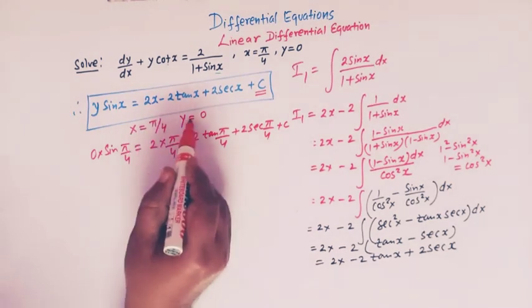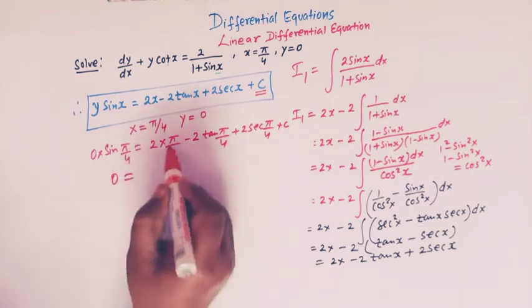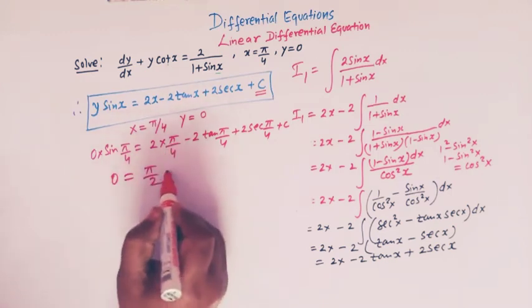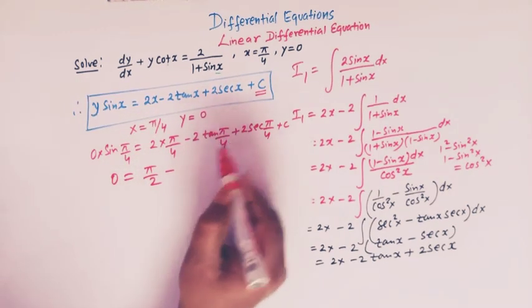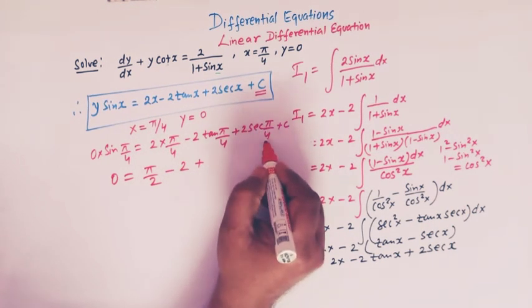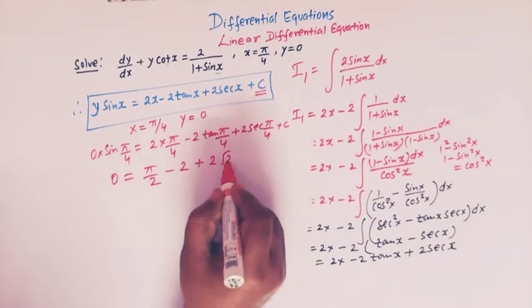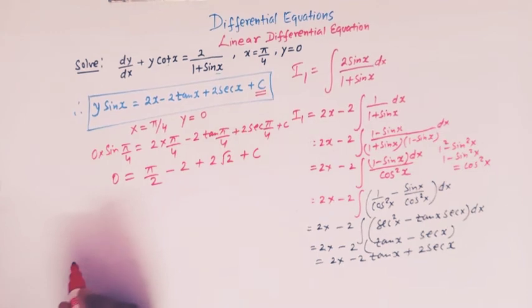So we have substituted these values over here. So this term becomes 0. This is pi over 2. Tan pi by 4 is 1, so we have simply 2. And the secant pi over 4 is square root of 2, so we have 2 root 2. And here we have c.